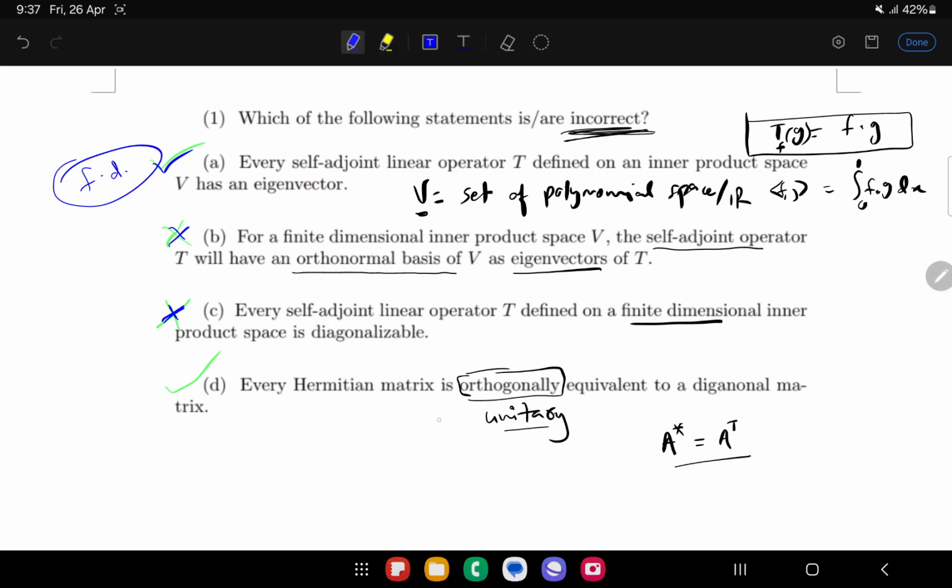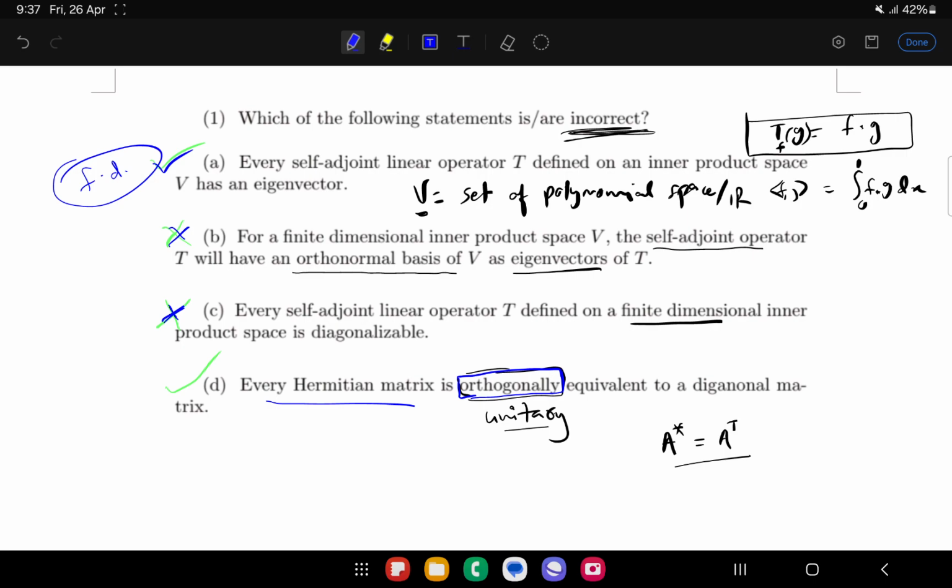Every Hermitian matrix is orthogonally equivalent to a diagonal matrix. Not every Hermitian matrix is a real matrix, yes, because complex Hermitian matrices are unitarily equivalent to a diagonal matrix.